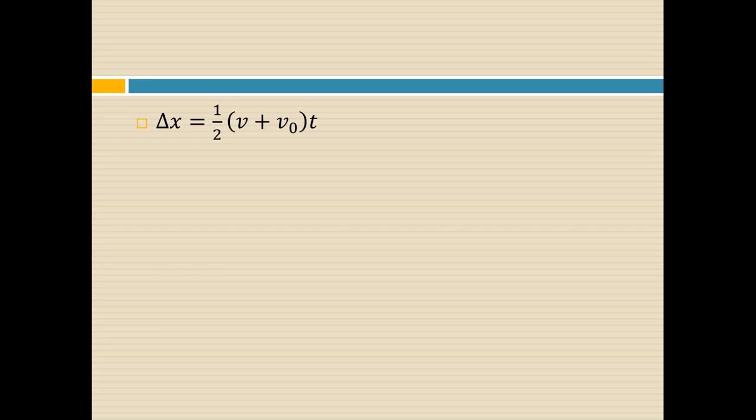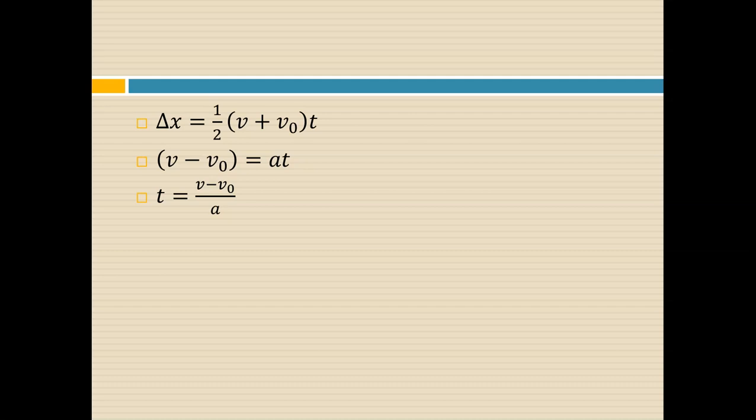That means I need to replace it with an expression. So let's go back to the very beginning from the acceleration graph. From the acceleration graph, we had the expression v minus v0 equals at. So far, so good? Now, I want to get rid of t. So I'm going to take that second equation and solve it for time to give me time equals (v minus v0) divided by a. All right, all good.